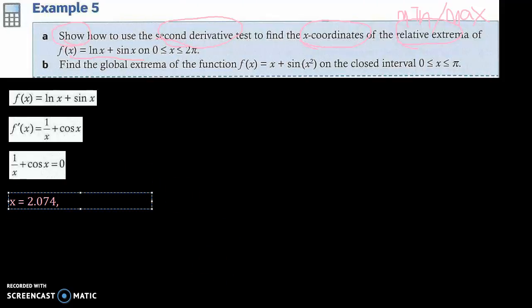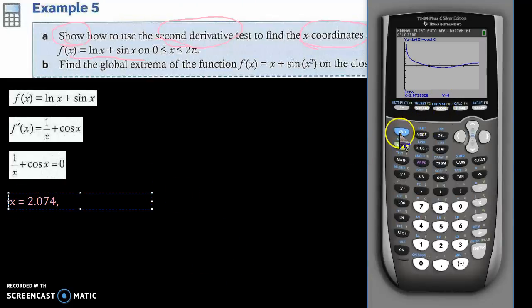Let's find the next value. So again, second trace, 0, and this time we'll move to the right a little bit. The left wall somewhere here, right wall somewhere on the right of the 0, and a guess value. That's enough.